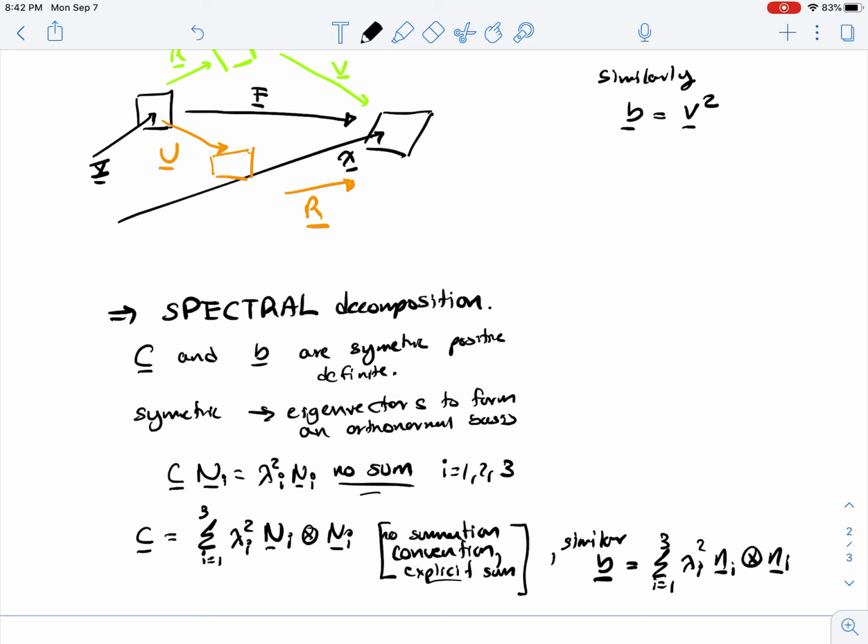Because B is also a symmetric positive definite tensor, I can decompose it in the same way.